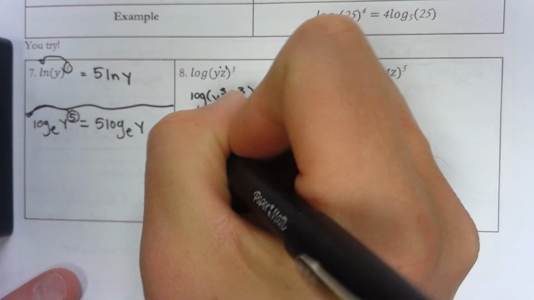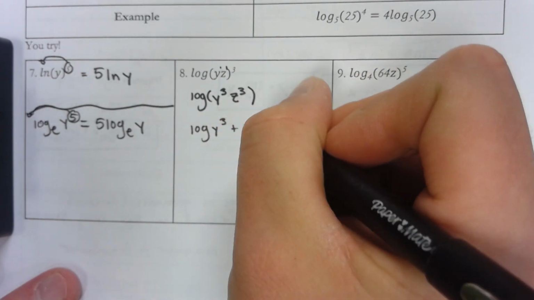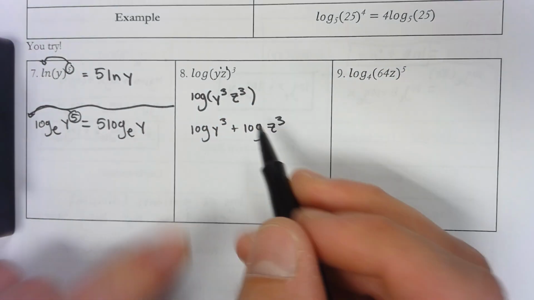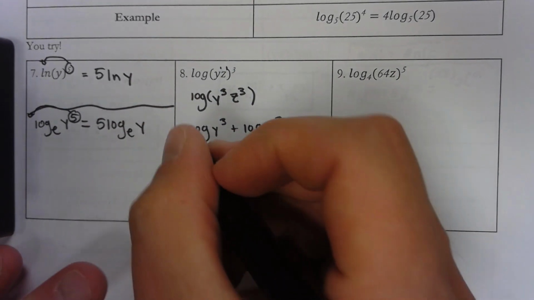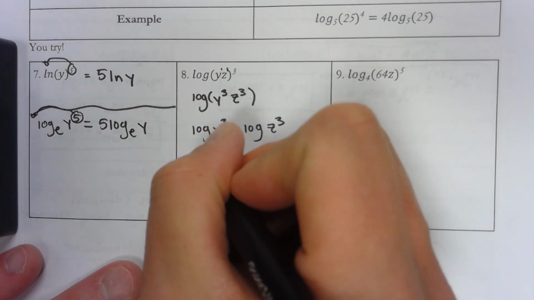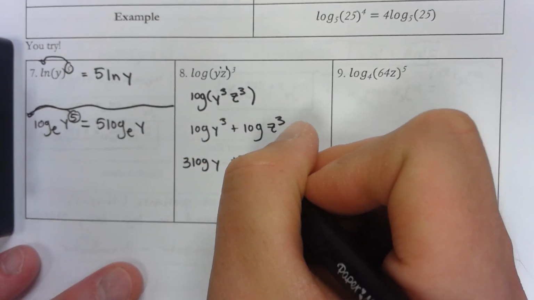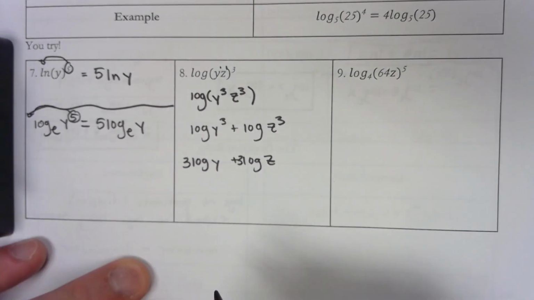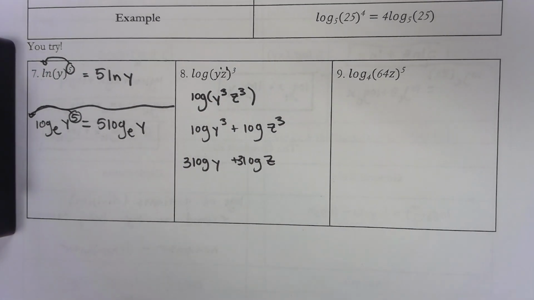And so this is log of y cubed plus log of z cubed. And so what ends up happening is the exponent of 3 gets applied to both logs here. So this is 3 log of y plus 3 log of z. And if you want to write base 10 in there so that you actually see a base, by all means do so. Okay, it doesn't make a difference to me.